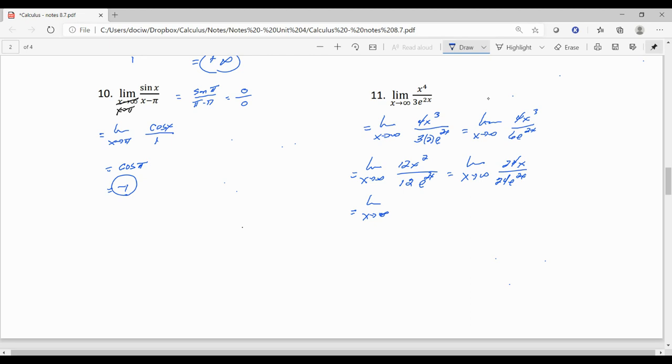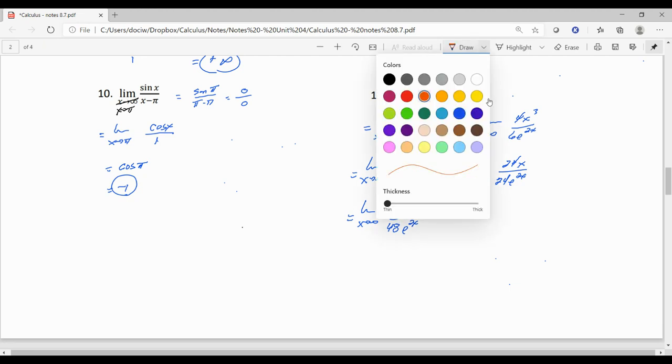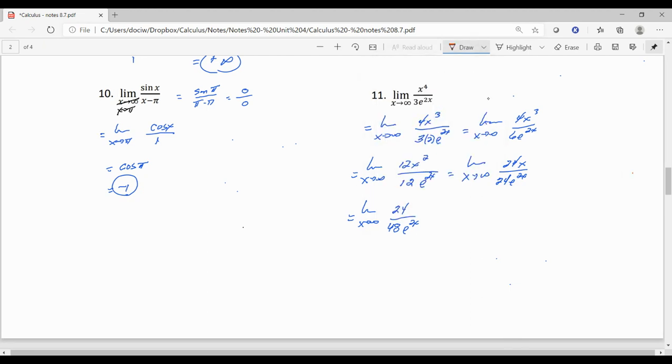I'm going to only be able to do this, I believe, maybe one more time. Give myself a little bit more room here. So the limit as x approaches infinity, the derivative of 24x is 24. The derivative of 24 e to the 2x is 48 e to the 2x. Now notice that 24 is staying constant.